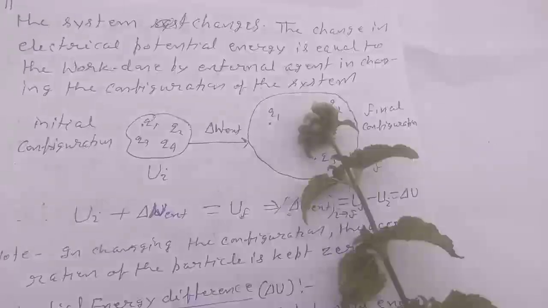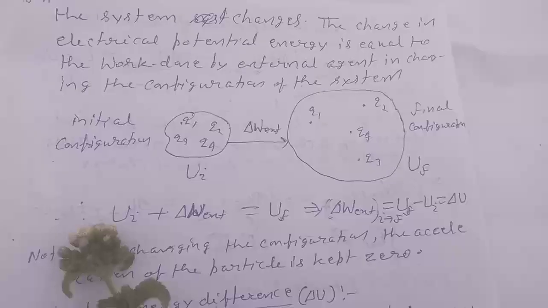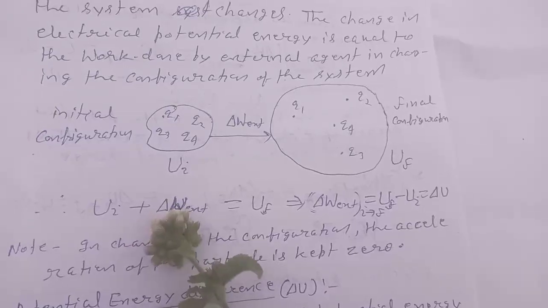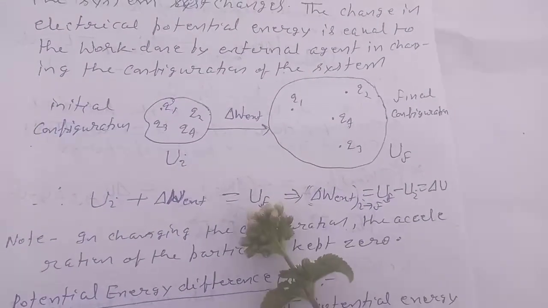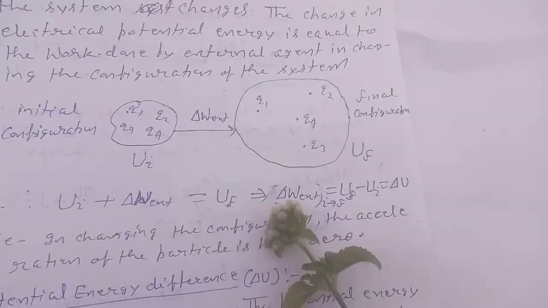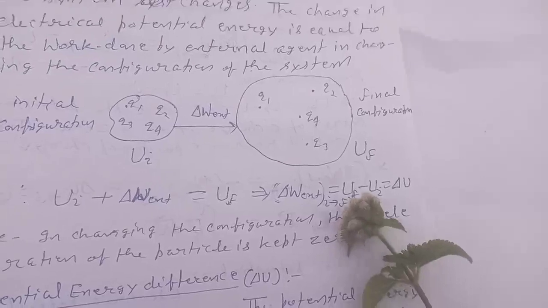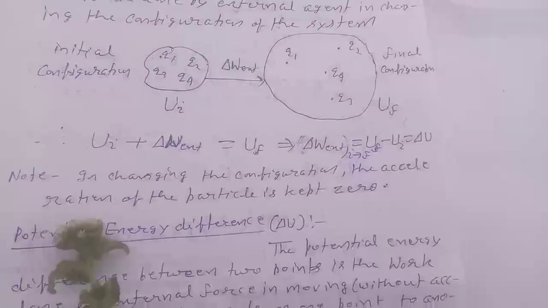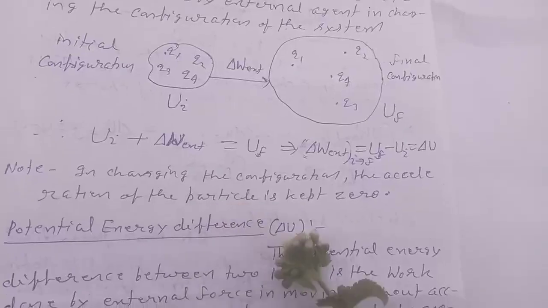So the final potential energy of this system will be UF. Hence, we can write UI, initial potential energy, plus work done by external agent equals UF, final potential energy. This implies delta W external from initial to final equals UF minus UI equals delta U. Note, in changing the configuration, the acceleration of the particle is kept 0.